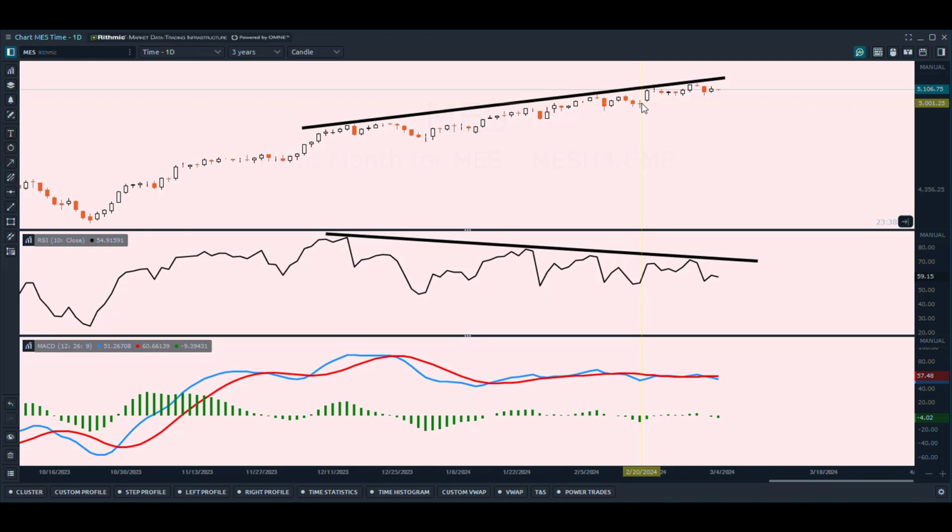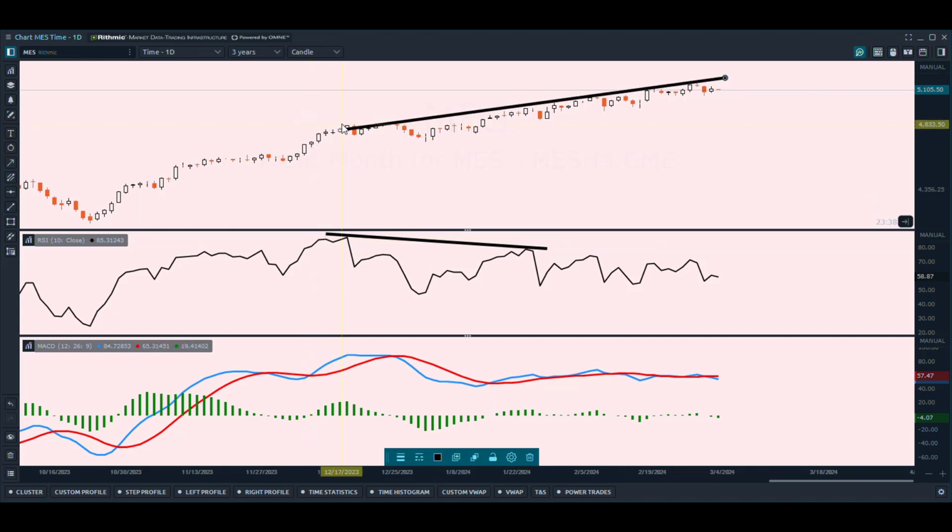So if you were to simply use the fact that we've been hitting lower highs, and we start from the first lower high here, which is a high from December 18th, you put your line here at December 18th, and then connect it to this lower high here.